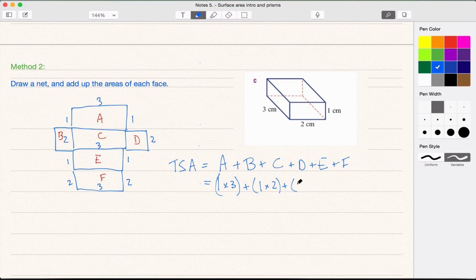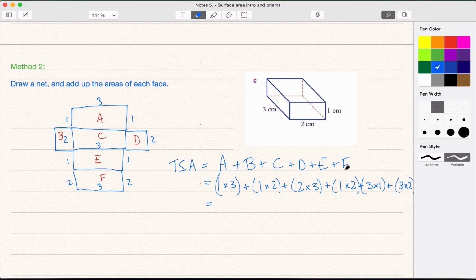Area of B is 1 times 2. C is 2 times 3. D is 1 times 2. Oh, there's a little plus in there. E, 3 times 1. F, will I fit it in? 3 times 2. Just.